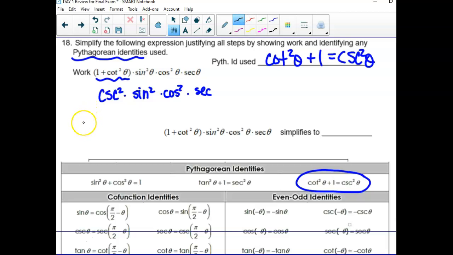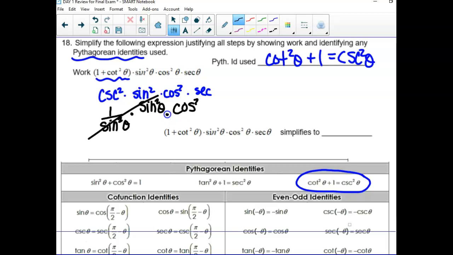And then what do we need to do? I would make them all sines and cosines. Now, you do remember your very generous teacher put those on the reference sheet, right? What is cosecant? It is 1 over sine, but this one is squared. Then it happens to say times sine squared, which right away those cancel out.